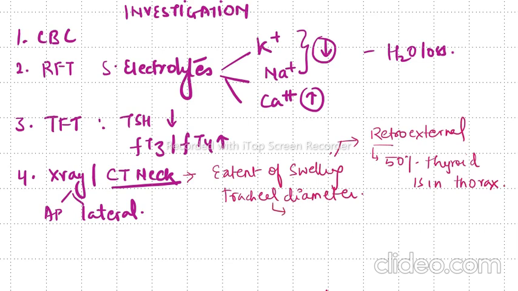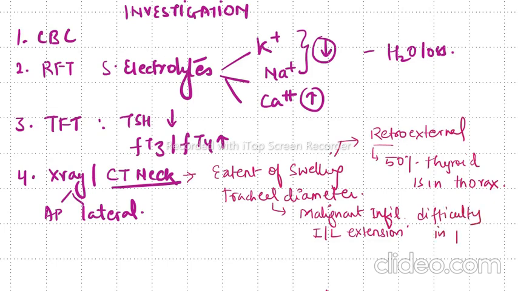If the report says that the trachea is infiltrated, like it is having malignant infiltration, or intraluminal extension of the mass, then you may have difficulty in passing the ETT, endotracheal tube. By seeing CT neck, you can also plan your anesthesia, since there are three main approaches.